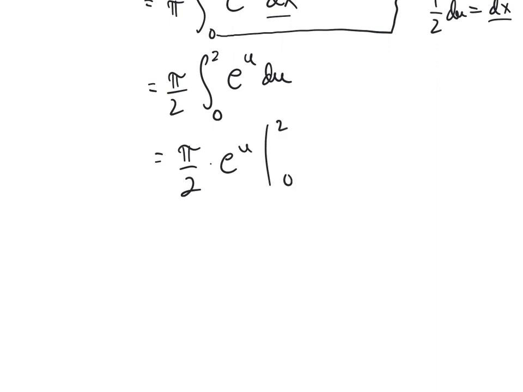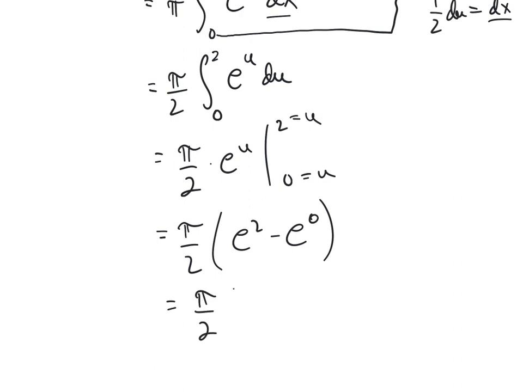So because I did a change of variable, I don't need to change u in the exponent back to 2x. I can just leave it as u because we changed the limits of integration to being in terms of u's. And now I can take the antiderivative, replace u with 2, and then replace u with 0. Again, just leaving the pi over 2 out front. And so my exact answer would be pi over 2 times e squared minus 1 cubic units.